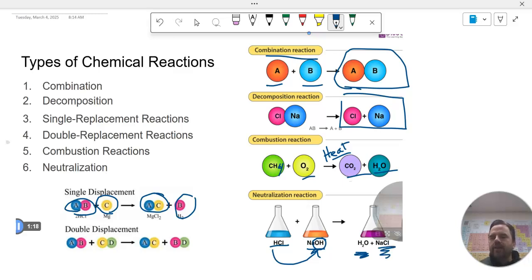So this is something I would never recommend, but if you were very bold and you were in a scenario where you had to make a bet or something like that, you could perfectly match up the exact same amount of hydrochloric acid and the exact same amount of sodium hydroxide, mix them together, and you would have harmless salt water that you could then drink to show that you were somehow a wizard or something like that. But that would be something that you could do with a neutralization reaction.